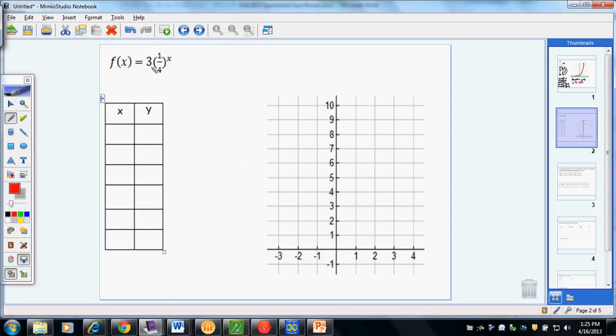Okay, this one has a multiplier out in front. So we could almost go ahead and change this and say, instead of doing 3 times 1/4 to the x, let's go ahead and do 1/4 to the x here, and then we'll make another column and we will multiply that by 3.